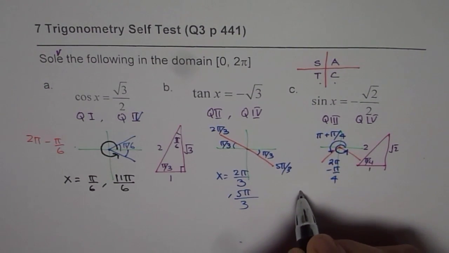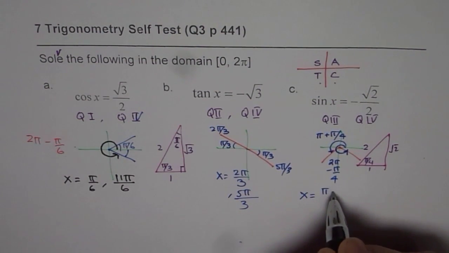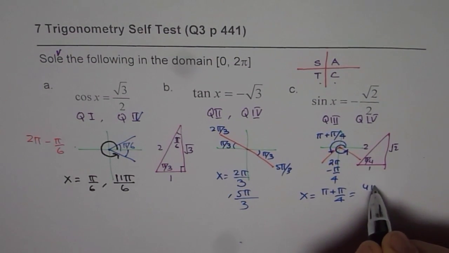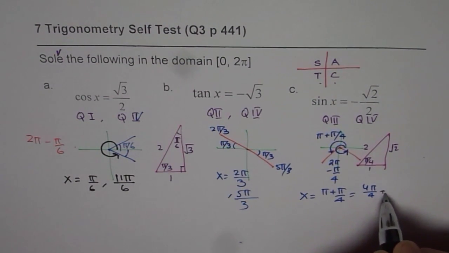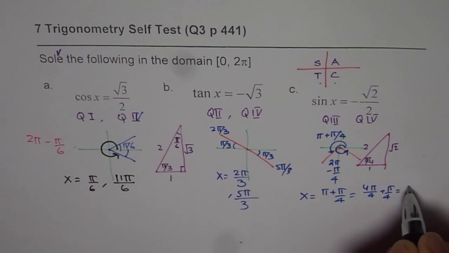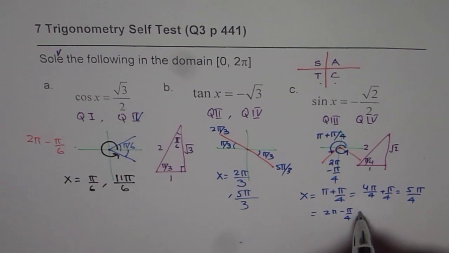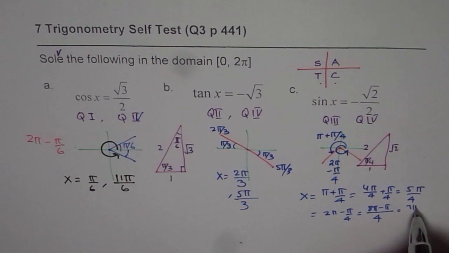So we can write x equals pi plus pi by 4, which is 4 pi by 4 plus pi by 4, which is 5 pi by 4. And it could be 2 pi minus pi by 4, which you could also write as 8 pi minus pi over 4, or 7 pi by 4.